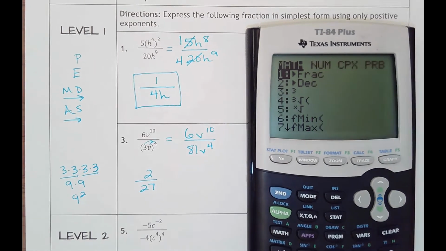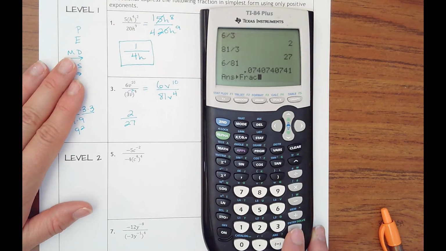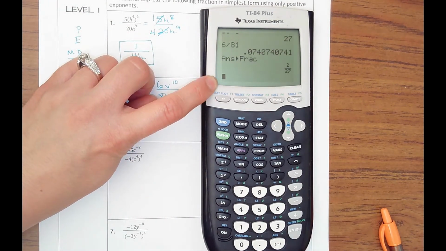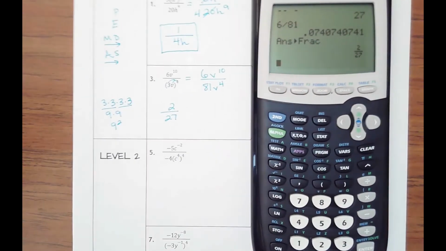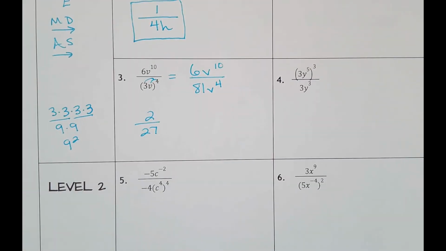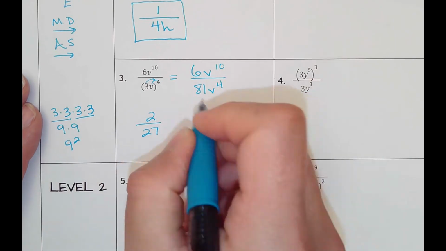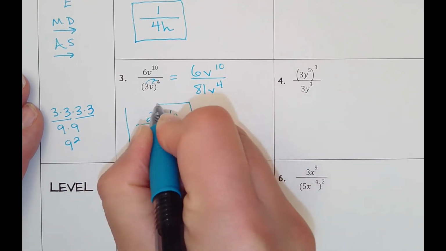I should probably zoom out when I do this. Hit enter, which is all the way at the bottom, and hit enter again, and look, it gives me the simplified fraction, 2 over 27, which is what we have. And then I've got v to the 6, which would be on top. And that would be my answer.